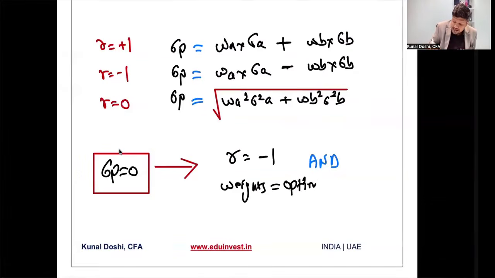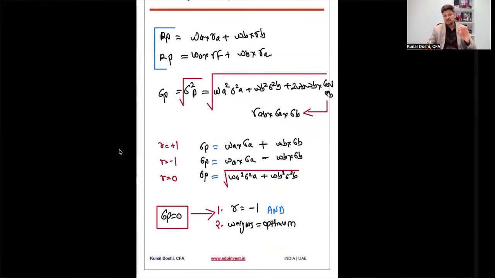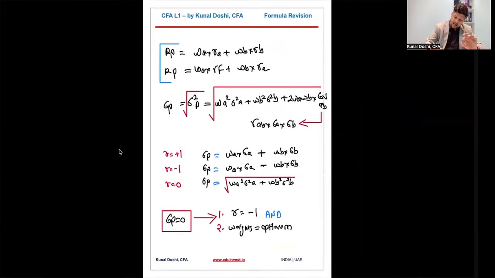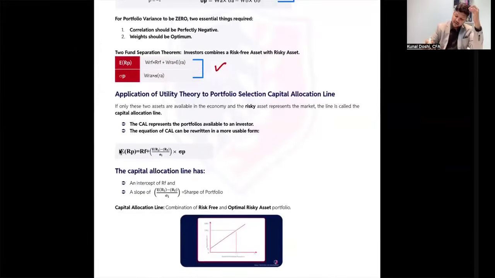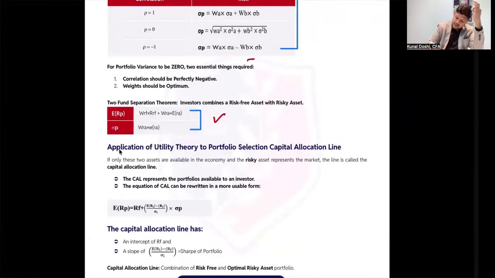Optimum doesn't mean any weights; there will be a combination at which the portfolio risk becomes 0, but both conditions are together essential. If only one of the conditions is matched, your portfolio risk may be lowest but not 0. Is this clear? Correlation of -1 and optimum weights. Only that will make your portfolio risk 0. Clear, everyone?